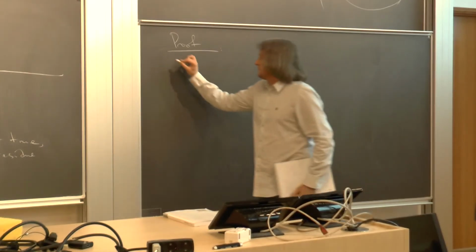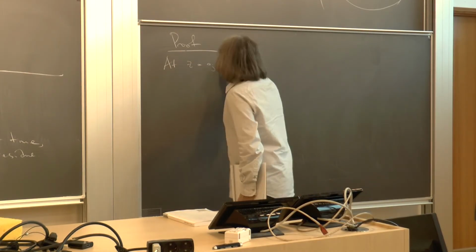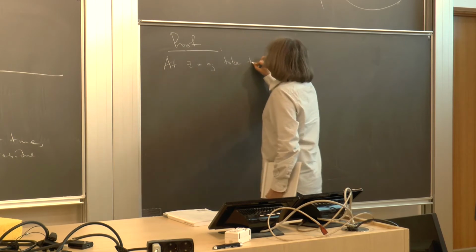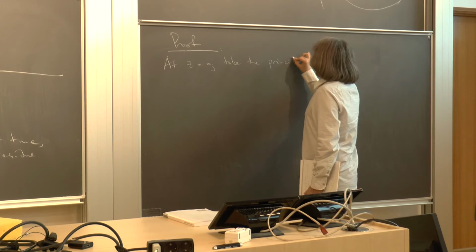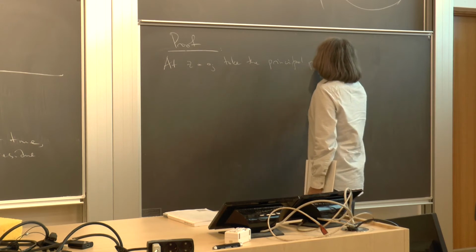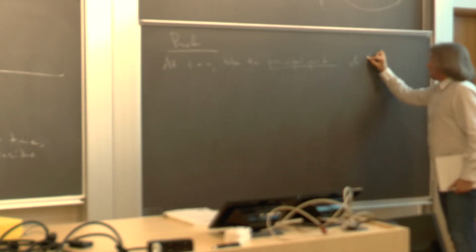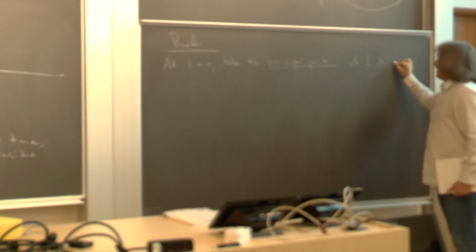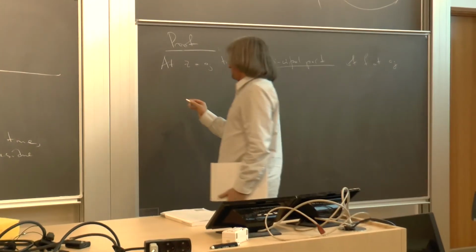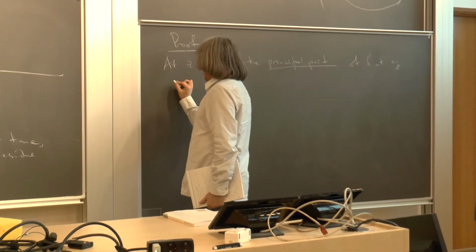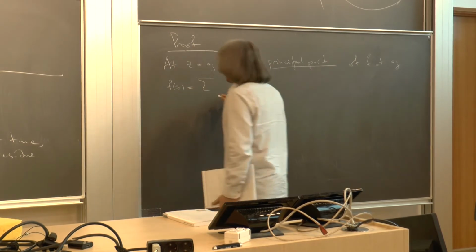So at the point z equal a_j, take the principal part of f at a_j. So this means that we write f of z as a sum, a Laurent series.